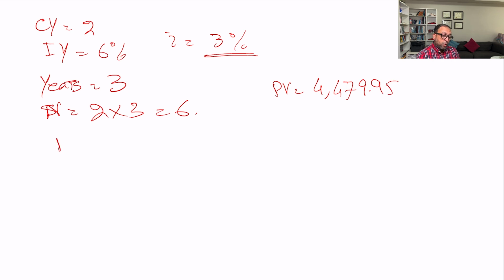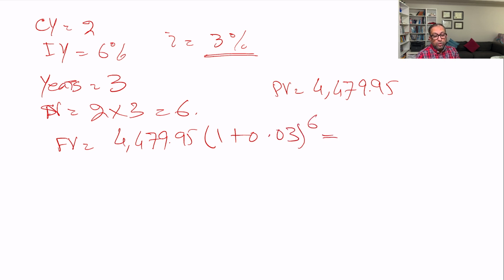So if we want to find out the future value, 4,479.95 into 1 plus 0.03 exponential 6. So that's going to be our future value, which is 5,349.29. So keep it in mind, this is the future value if the contract runs to the end.